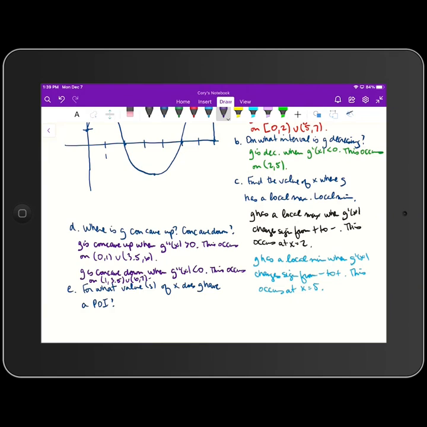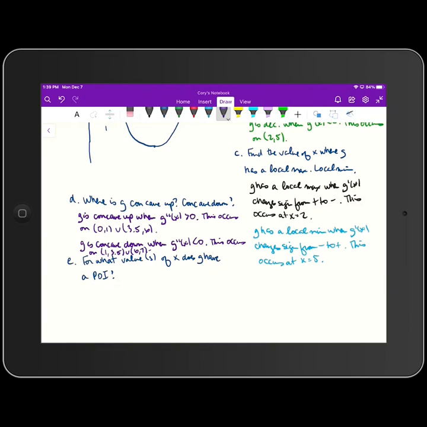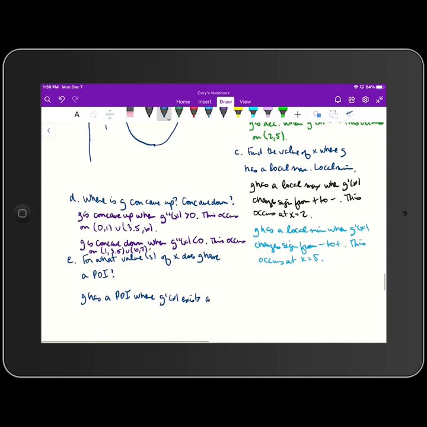Okay, so for what value or values of x does G have a point of inflection? I'm going to do the justification for that first. So G has a point of inflection where G prime of x exists, because that's the first condition that has to be met, and the second one is where G double prime of x changes sign.